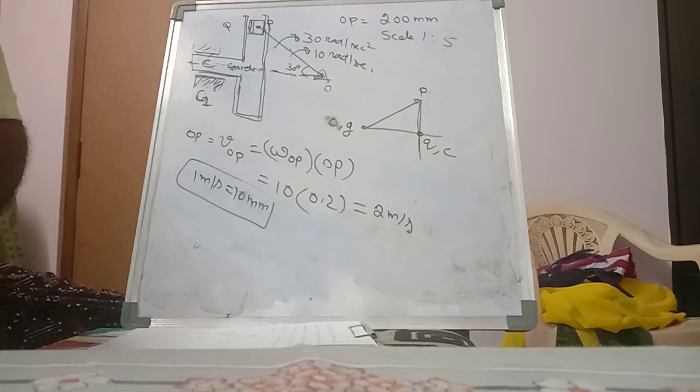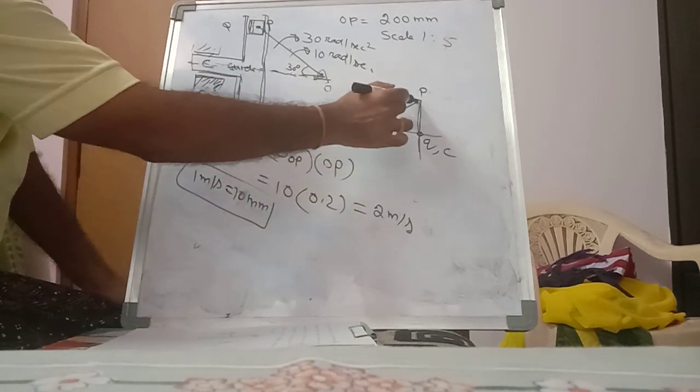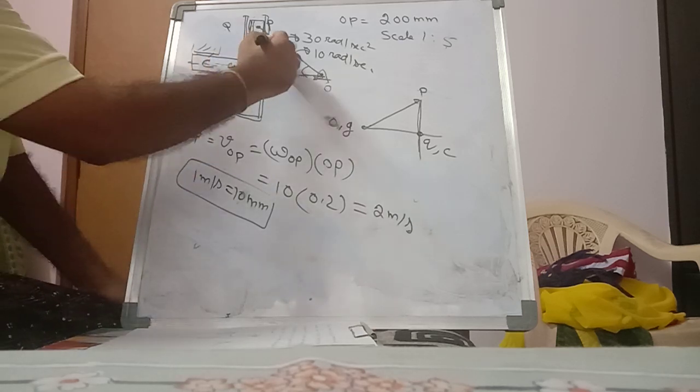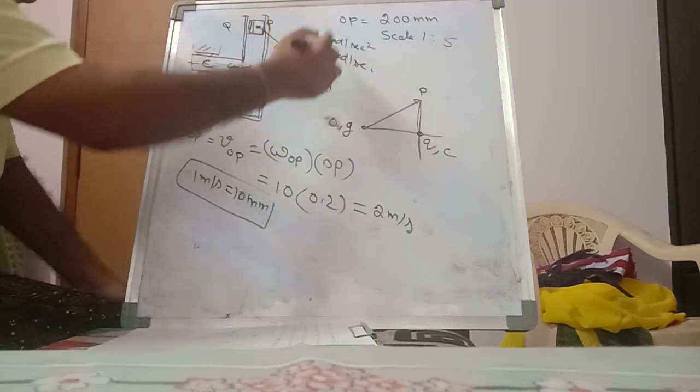Now from this velocity diagram, because we know the OP value, we can find the angular acceleration. 30 radians per second square is given as the angular acceleration alpha.